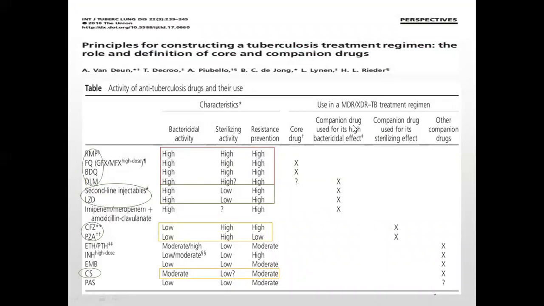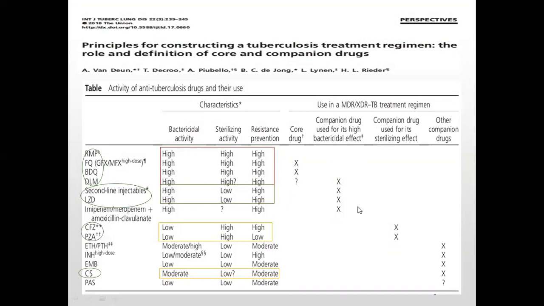Okay? So, we have the companion drug. The companion drug is a drug used because of its high bactericidal effect, although some companion drugs have low sterilizing activity.